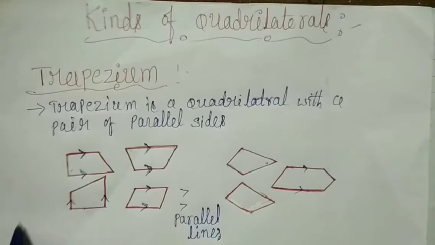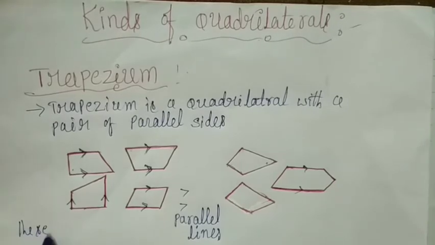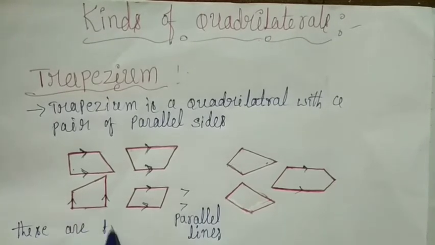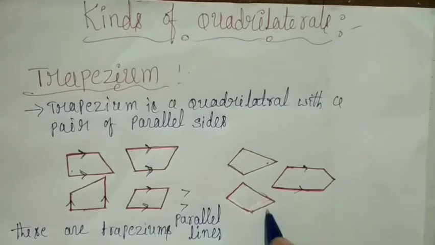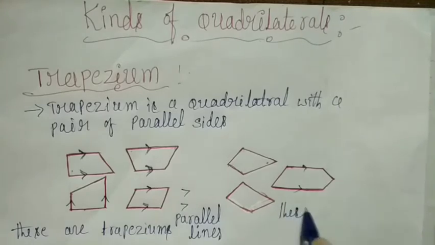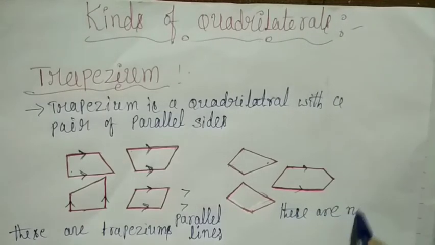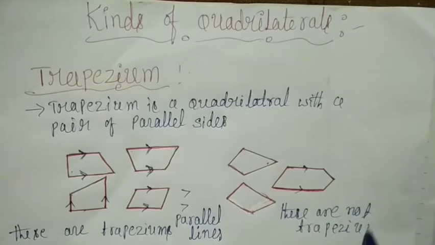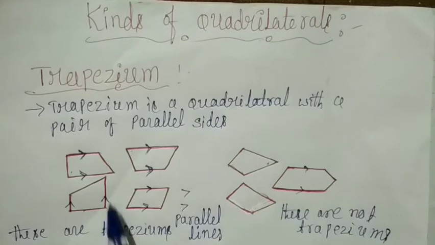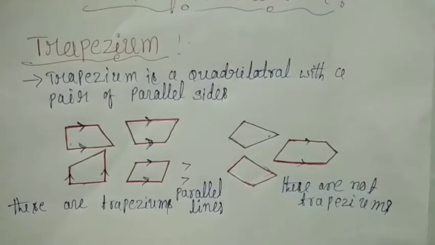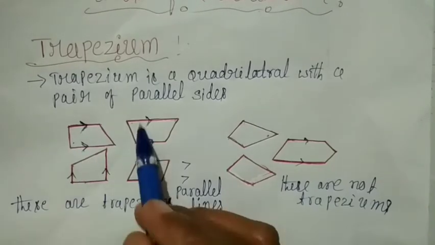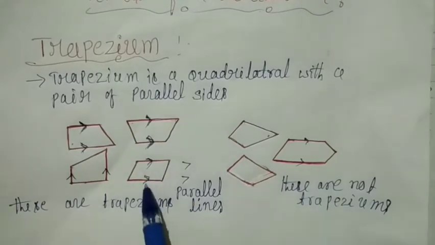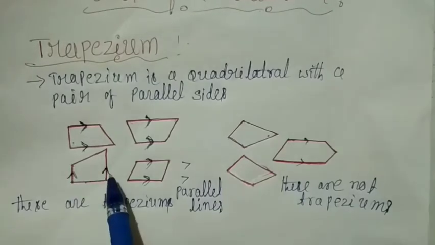Once again, these are trapeziums. These are not trapeziums. So dear children, look at this pair of parallel lines. This is also parallel lines. This is also parallel lines.